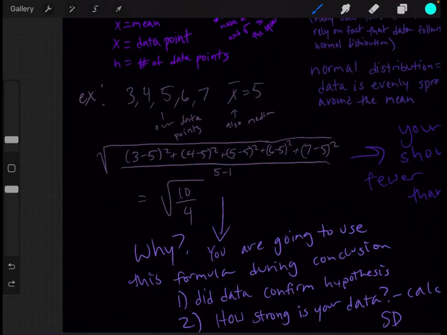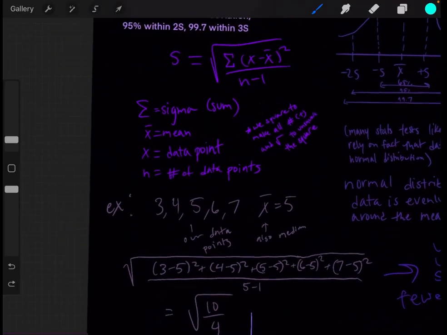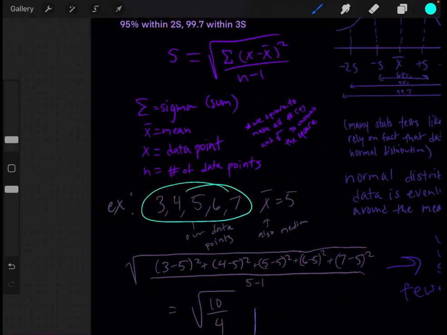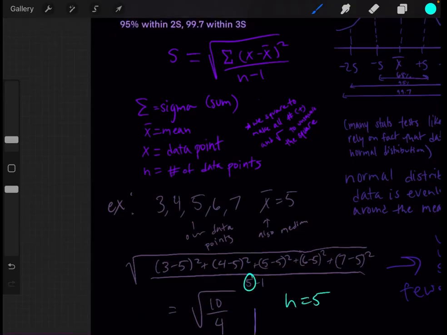So, I forgot to show you this, but here is an example of calculating standard deviation. Here's my tiny little data set, and it's 5 points. So our n is going to be 5, and we have that here because it's n minus 1. Here's each data point, so that's our x, and then we're subtracting the mean from it.